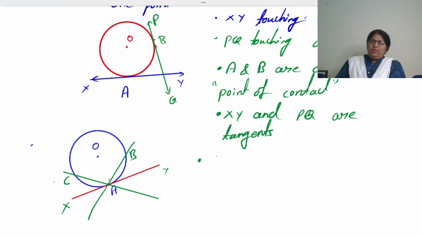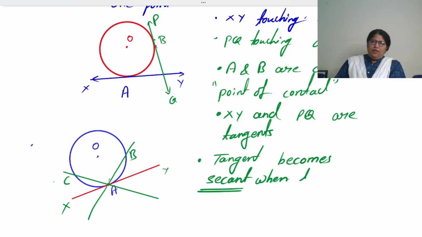So what can we write down here? Tangent becomes secant when the line cuts the circle at two points, right?